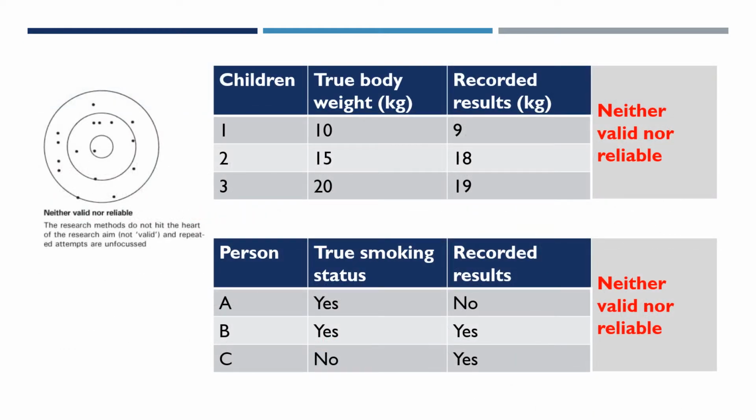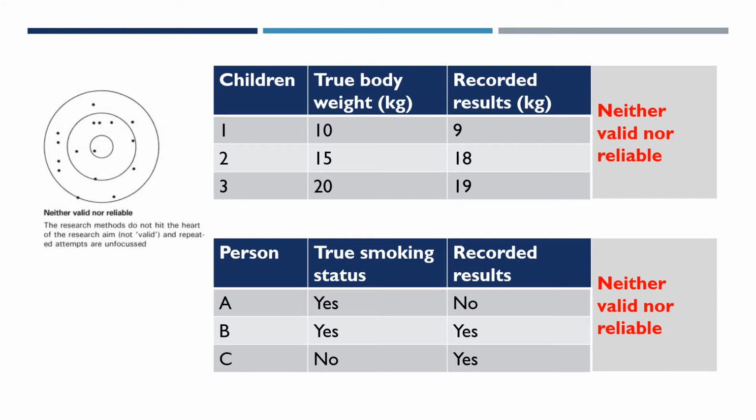So first, let's jump into an example of studies which are neither valid nor reliable. First, we have a set of 3 children, 1, 2, 3, and we know the true body weight of these children. But we can see that the recorded results from the data collectors are different from the true body weight that we know.